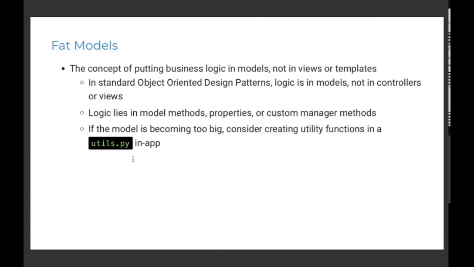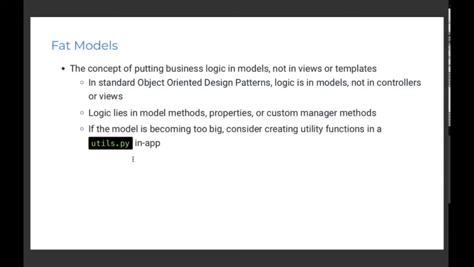Finally, when architecting your application, the common adage is fat models and thin controllers. So the idea is most of your business logic lives in your models, and your views and templates are very thin.